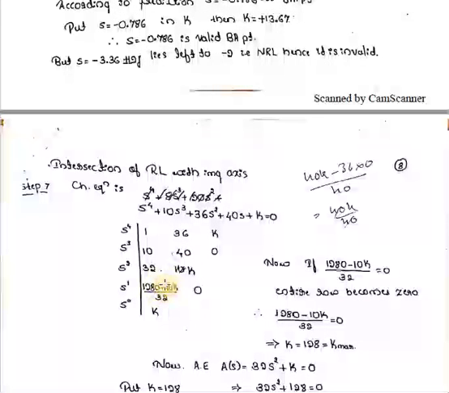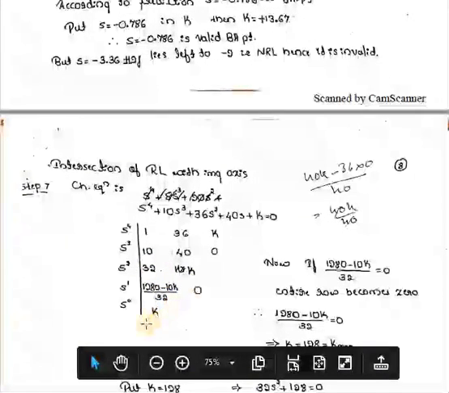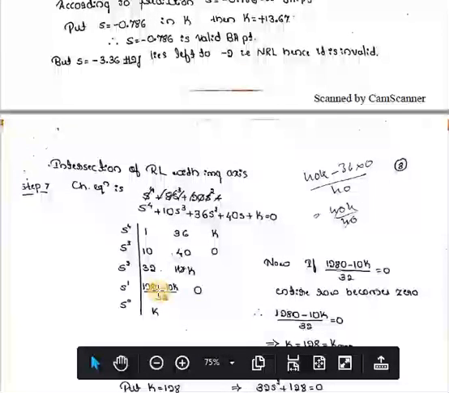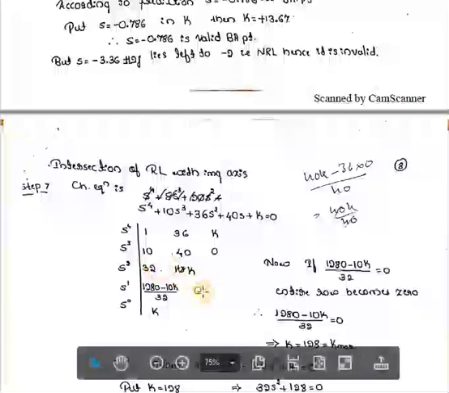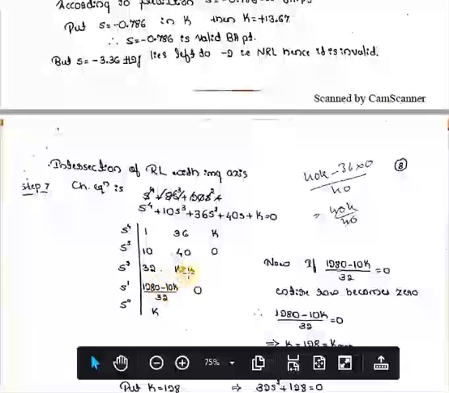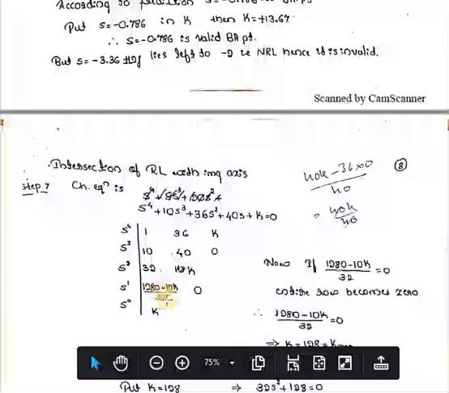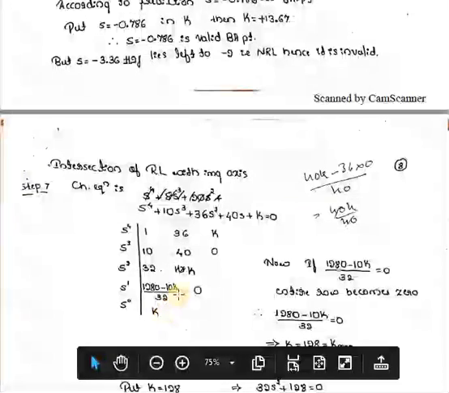Similarly here also, this into this minus this into this divided by 32, and here it is 0, and here we will get k, because if I take this as a, a into k minus 32 into 0 is 0, divided by a, so it will be k only.